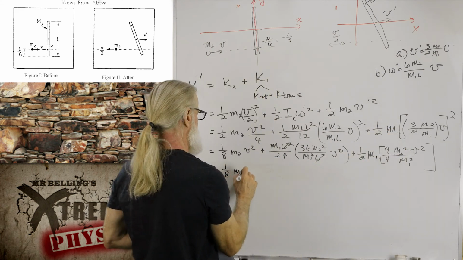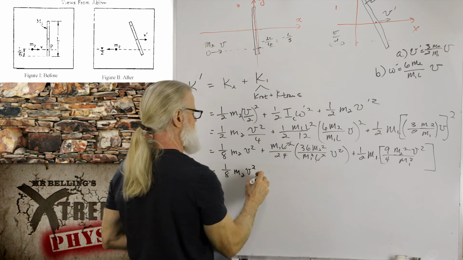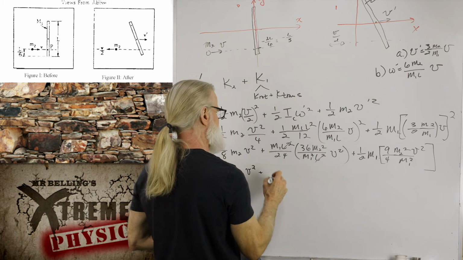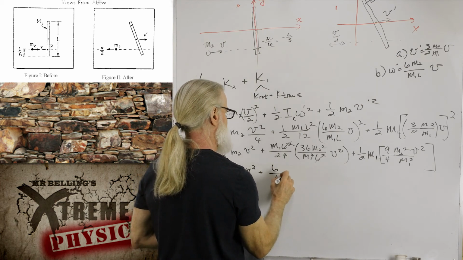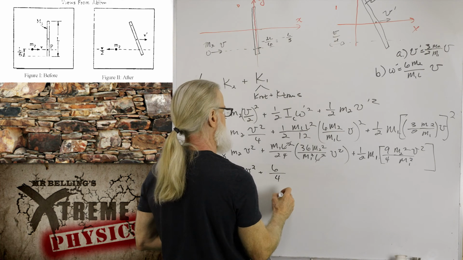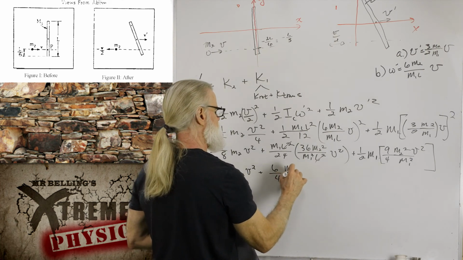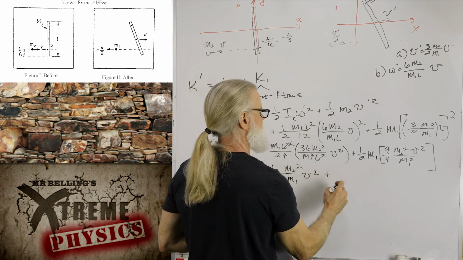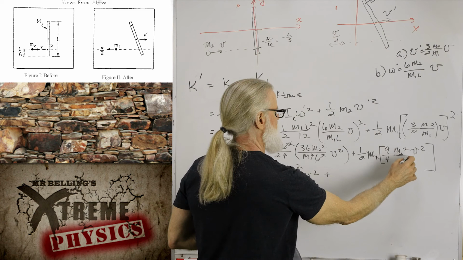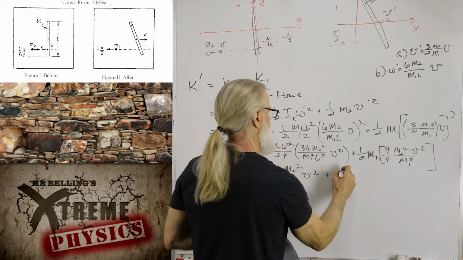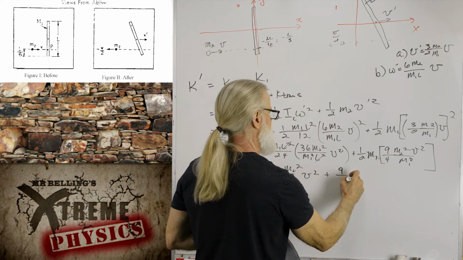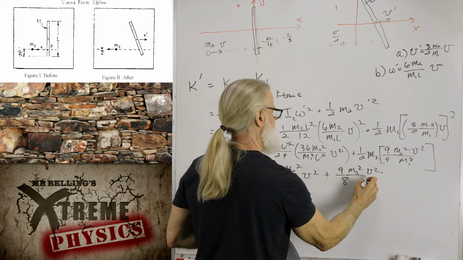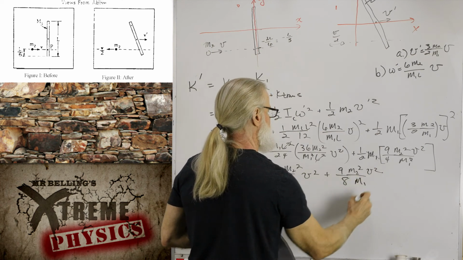1/8 m2 v squared plus, 6 times 6 is 36, and 6 times 4 is 24. So we got m2 squared over m1 v squared plus, let's see, this m1 can go away with that. What do we got? 9/8 m2 squared v squared all over m1.